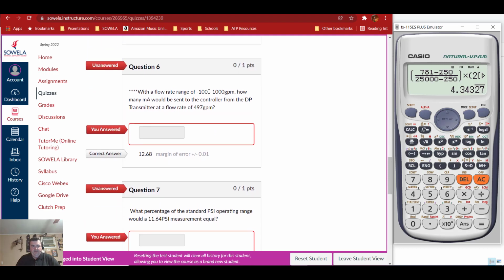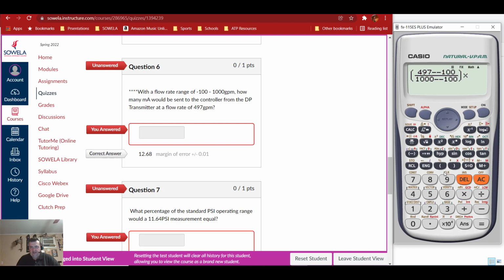Number 6, with a flow rate of negative 100 to 1,000, how many milliamps would be sent? Open, over, under, and we're going to put in the 497. It's minus 100 over 1,000 minus 100.